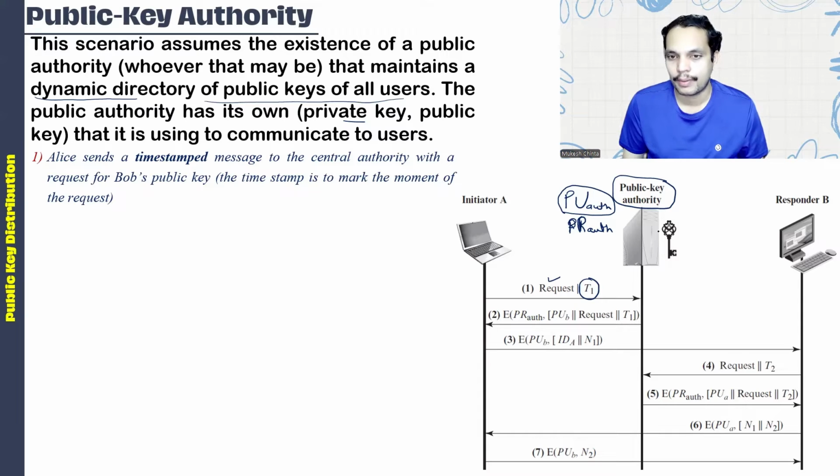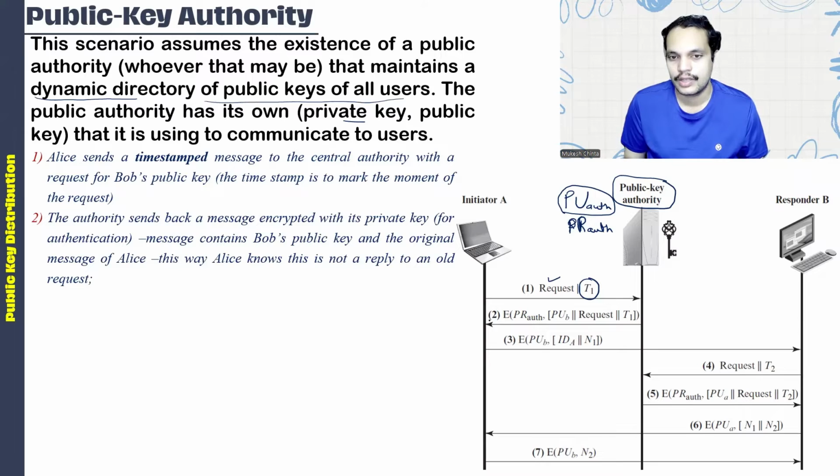Once the PKA, or the public key authority, receives this request message, it will send a response in the second one. This response is usually encrypted using the private key of the authority, and includes the public key of the responder requested by A, which is nothing but the public key of B, and also the original request and the timestamp sent by A. This is going to assure A that this message is a response to the earlier one sent in the first step.